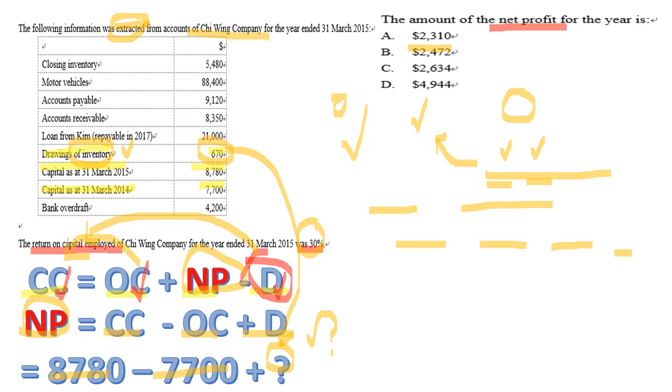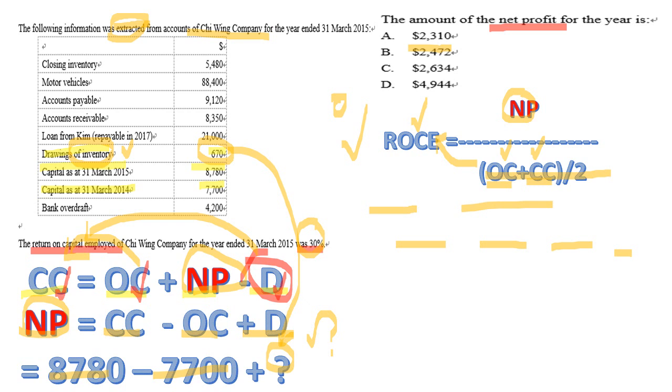That means closing capital minus opening capital plus drawings. Closing capital here, opening capital here. How about drawings? Can we use this figure? Or we cannot use this figure because we cannot calculate net profit.